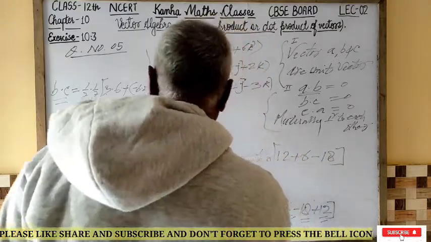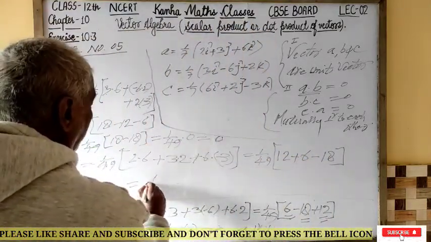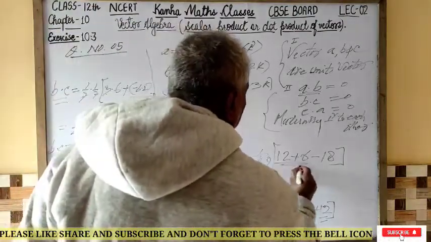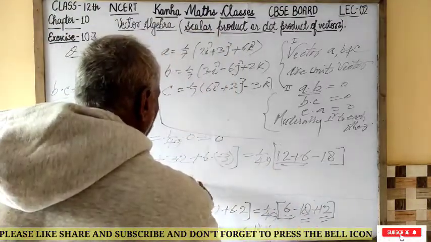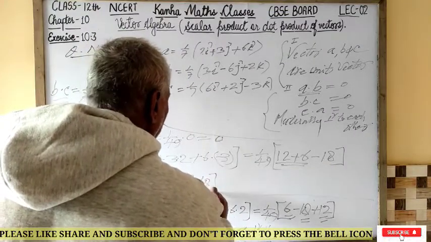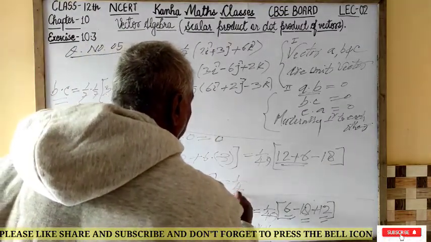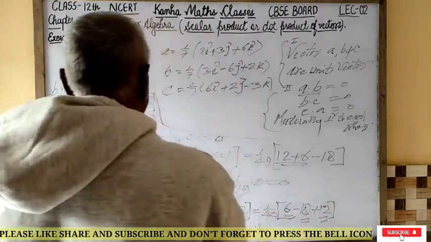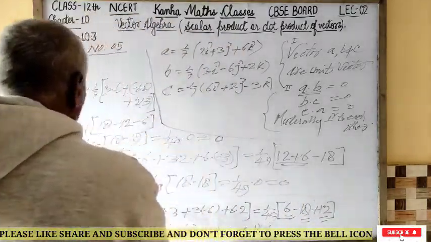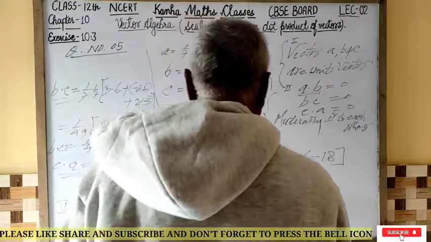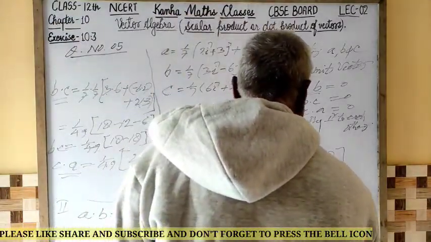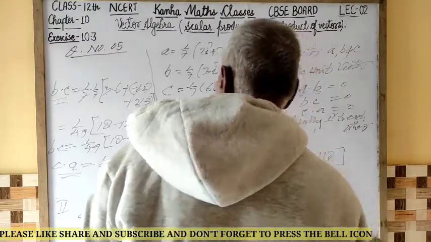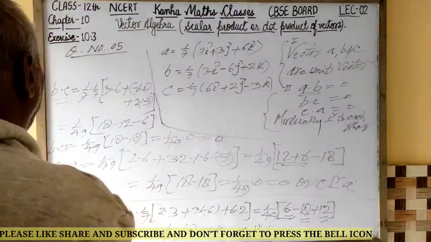So 1 upon 49 times 12 plus 6, 18 minus 18, and 1 upon 49 into 0 means 0. So C is perpendicular to A.